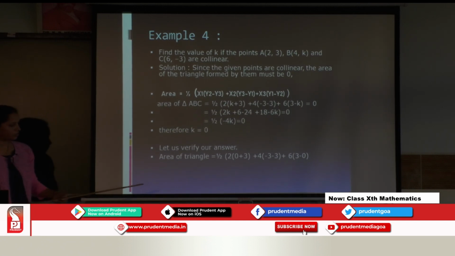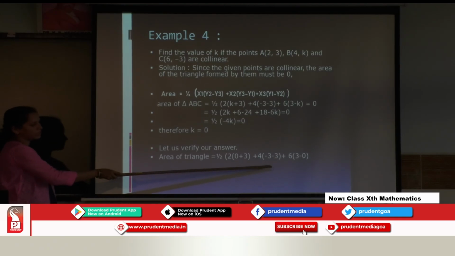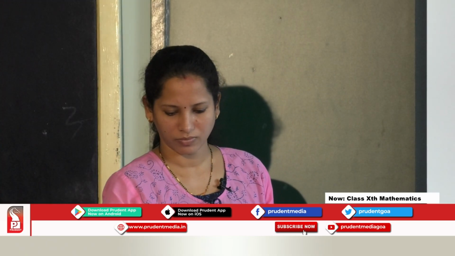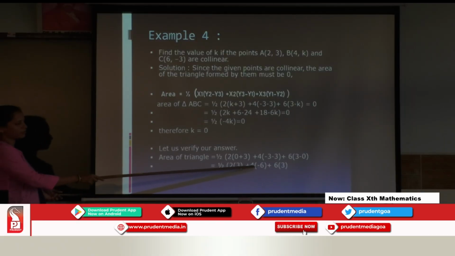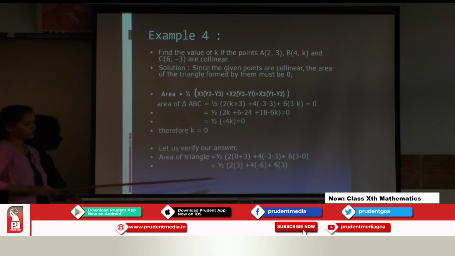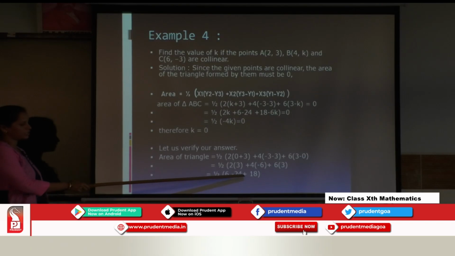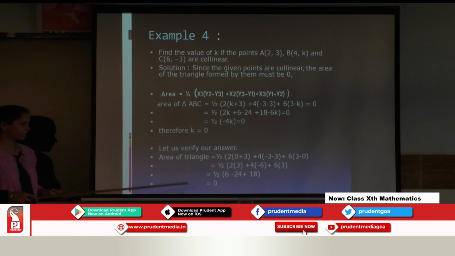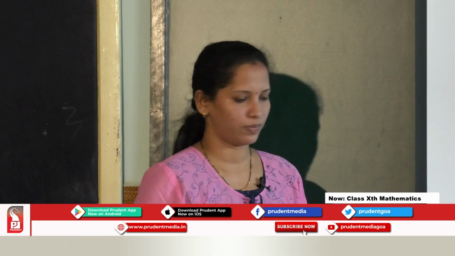So, this equals half into [2 into 3 plus 4 into -6 plus 6 into 3], which is 6 - 24 + 18, which equals 0. So, now we got the area of the triangle equal to 0 when the value of k is 0.